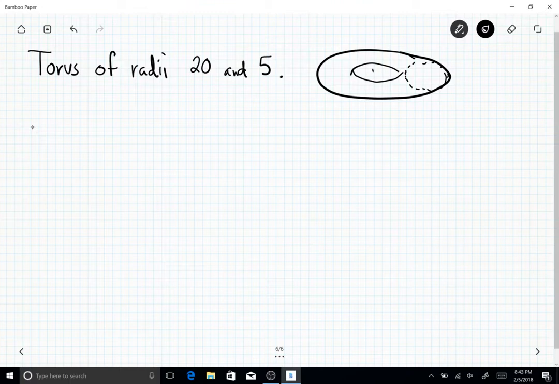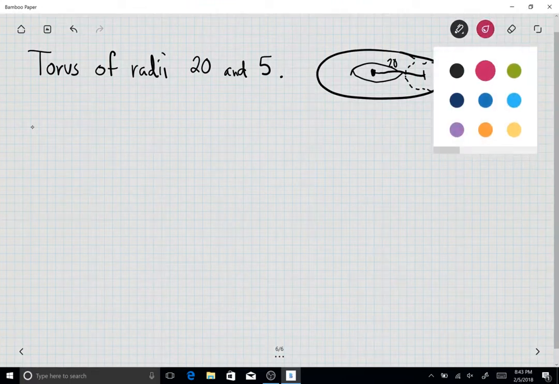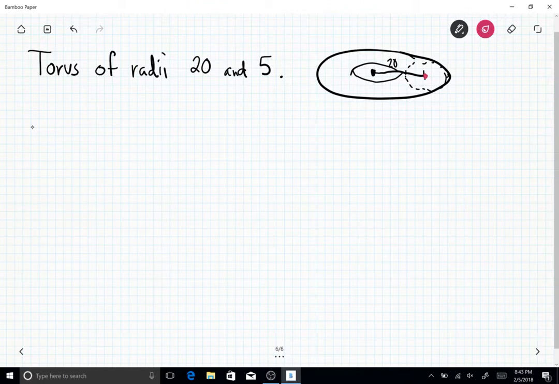And so they say that this radius right here has to be the 20. And then you have another radius sitting right here to here. This would be 5. Now in general, you can change this 20 and 5 to any capital R and little r that you need. But this is a general idea. Find the volume.